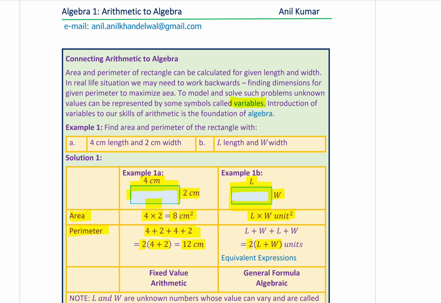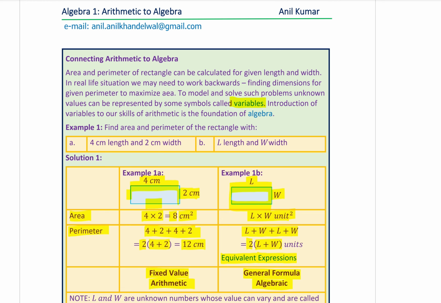Now what you notice here is in our first example, we got a fixed value. And here we do not have a value, we have a general formula. Do you see that connection between arithmetic and algebra? Well, in algebra, we had been talking about variables which could take any value, but their value is not known.